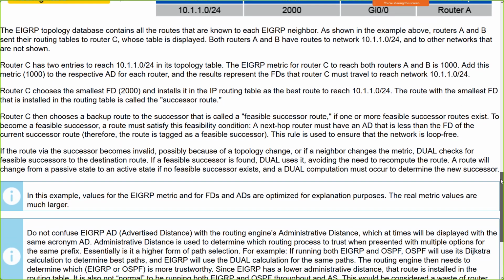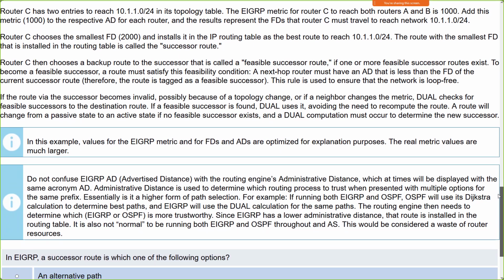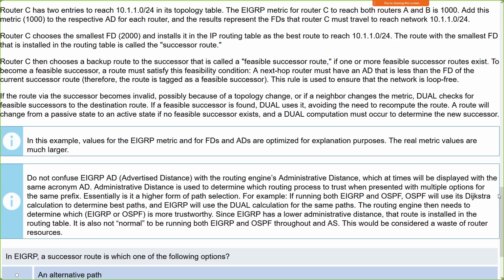If one or more feasible successor routes exist, we will have a tiebreaker, right? So let's say, for example, I've chosen my successor and I have 3 alternate paths, and they all meet the feasibility condition, right? So they all qualify technically as feasible successors. I don't make them all feasible successors. I compare the overall feasible distance of each of those 3 paths, and the one with the lowest feasible distance becomes the feasible successor.